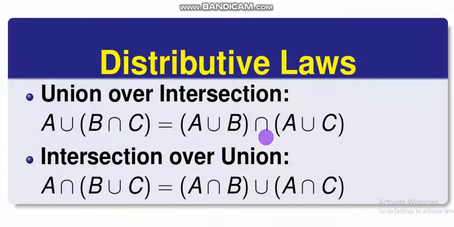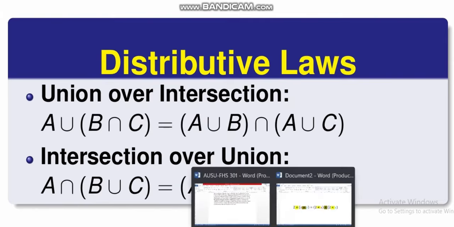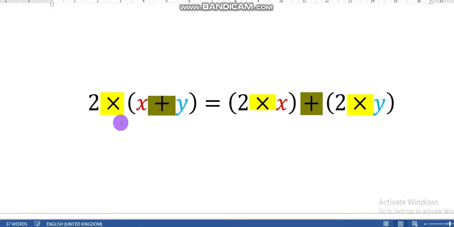You see that? This is just like, let me show you something here. This is just like the way we open brackets. If you have 2 times open bracket x plus y close bracket, you can say 2 times x, and then 2 times y, and look at the plus here.